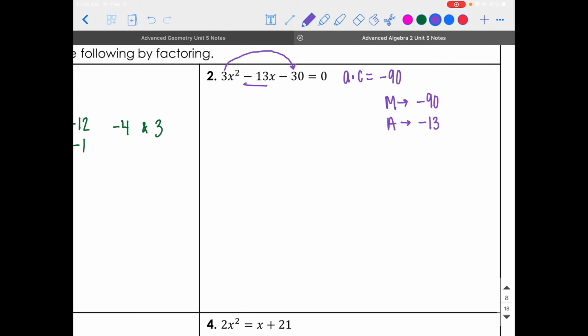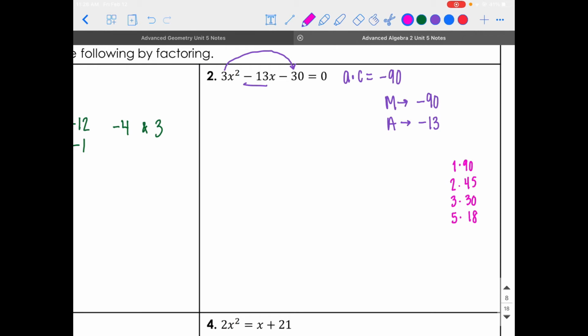If you have trouble, then start by just going down to the side and figuring out all the ways that you could multiply to be 90. So like 1 and 90, 2 and 45, 3 and 30. Keep going, 90 divided by 5, we would have 5 and 18.